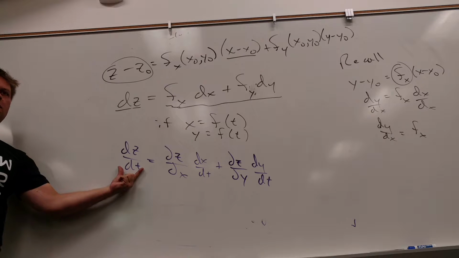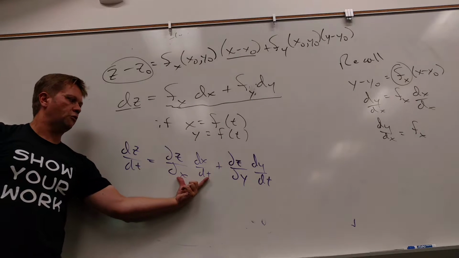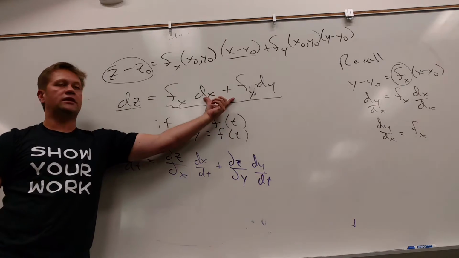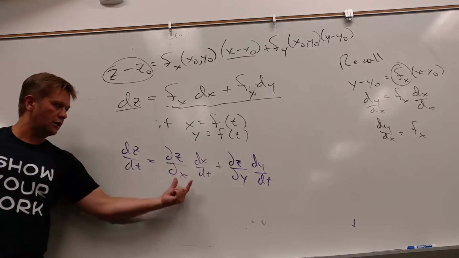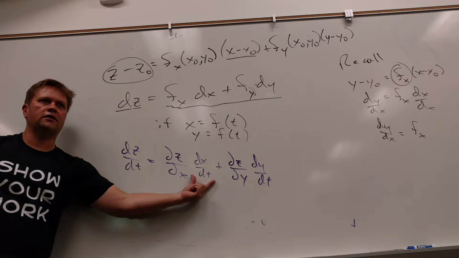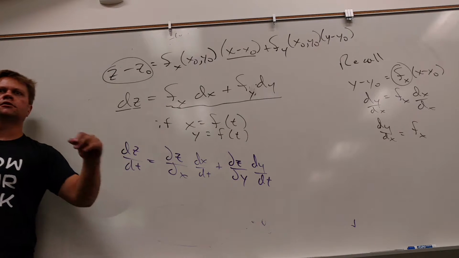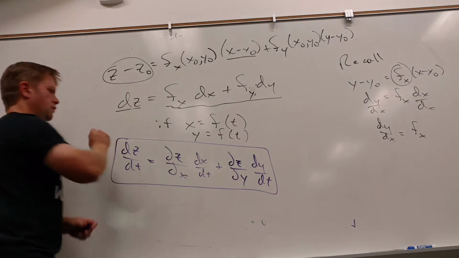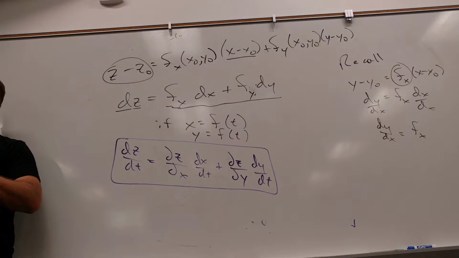So how quickly is something moving? It's going to be composed of how quickly it's moving in the x direction and how quickly it's moving in the y direction, which is what this says directly. But this is how I build it in if it's all parametric, if it's all based off of this t. So here's a point: this is actually the chain rule.